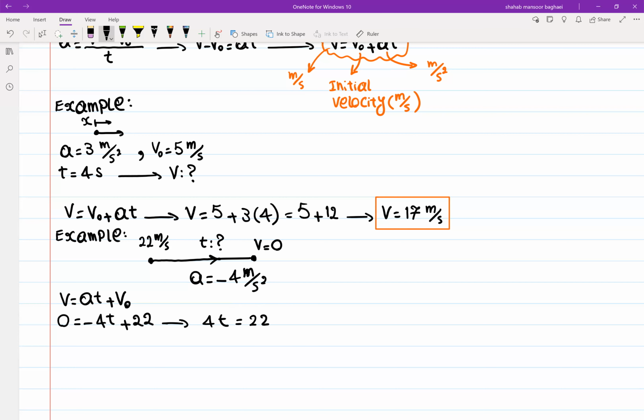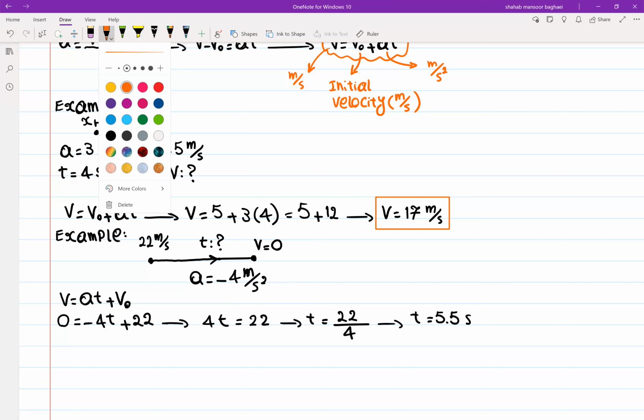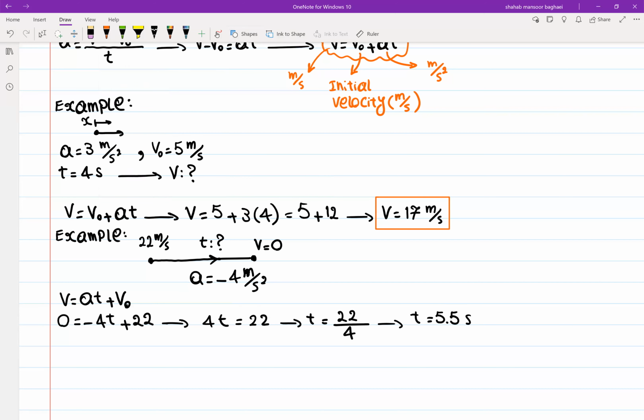T is 22 divided by 4. That's 5.5 seconds. It means it takes 5.5 seconds that the particle will stop right there on the right side here.